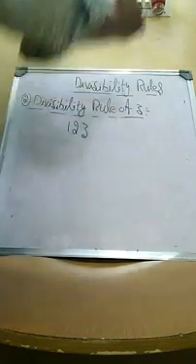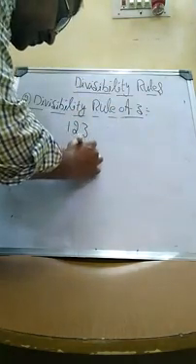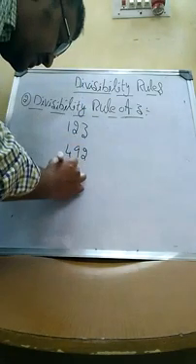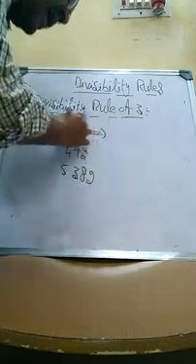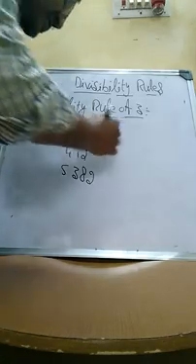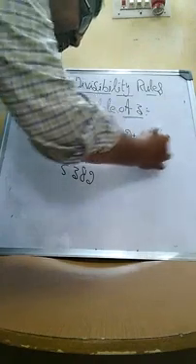123 and one more, 492, and one more, 5382. See these numbers, find the sum of digits. 1 plus 2 plus 3 is equal to 6.